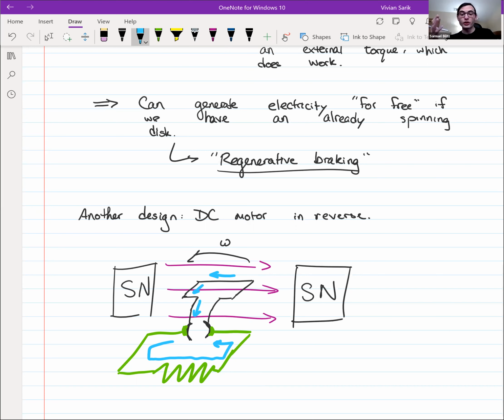So all you're doing is converting a rotating loop, which maybe is connected to a water wheel or a steam engine or something that can rotate this loop. And then that loop is just connected to some wires. And those wires now all of a sudden have electricity because there's current flowing through them from this loop.